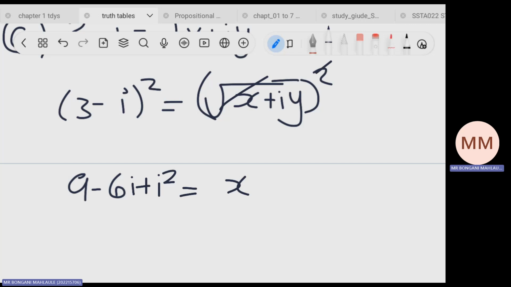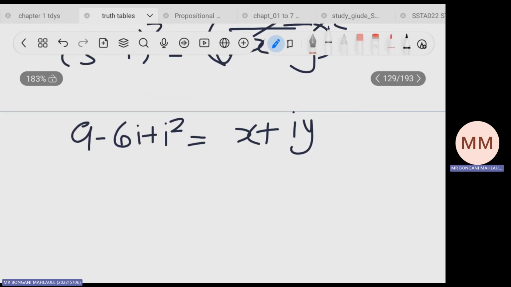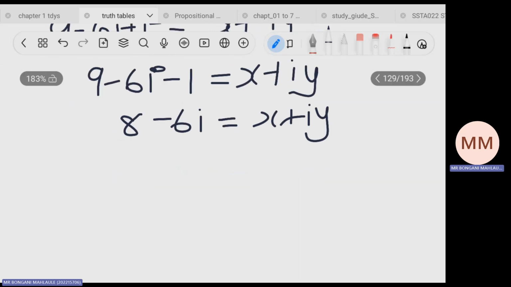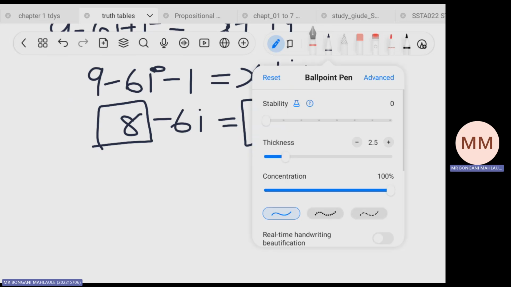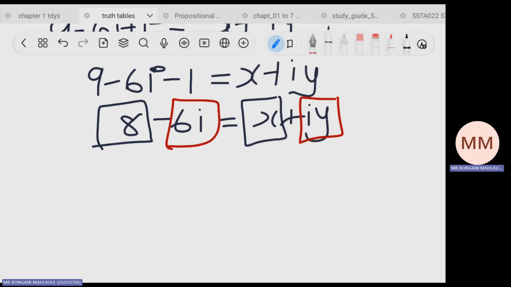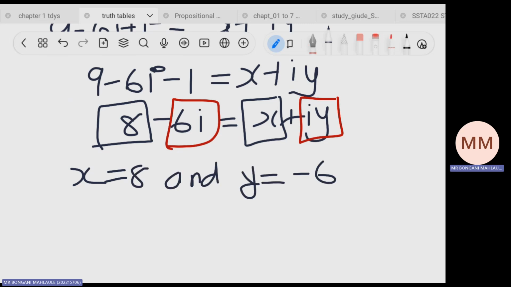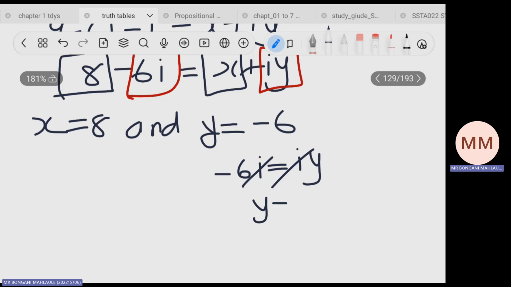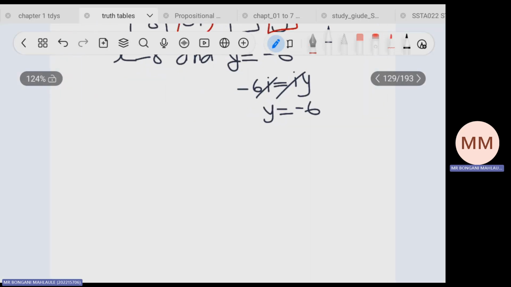Then the square will get cancelled. So I have 9 minus 6i minus 1 equals x plus iy. This is the same as 8 minus 6i equals x plus iy. Then we equate the real part with the real part and the imaginary part with the imaginary part. So actually x is going to be equal to 8 and y will be equal to negative 6. Remember, you'll equate this. Then you divide both sides, you'll just have y being equal to negative 6.